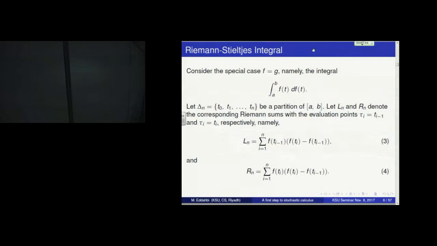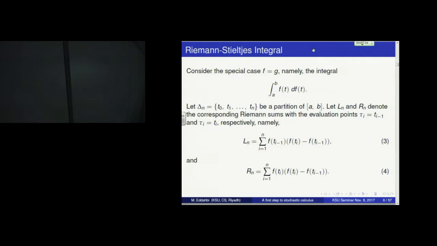Start first with the very elementary, very simple one. What happens if f is equal to g? Can we give a meaning to this integral here? For the moment, I'm still deterministic, just deterministic functions. So the question is, can we define this object only for continuous functions?